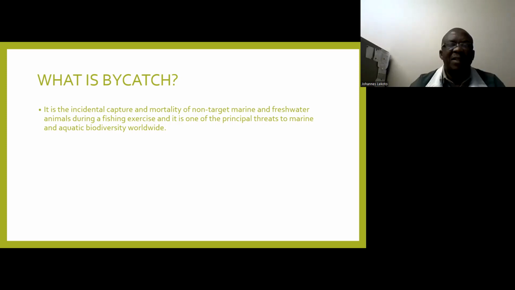Meaning, when the poacher or whoever puts a net in the water, he or she targets the fish. But eventually the net captures other species that he or she did not intend to catch. So that is called a bycatch.